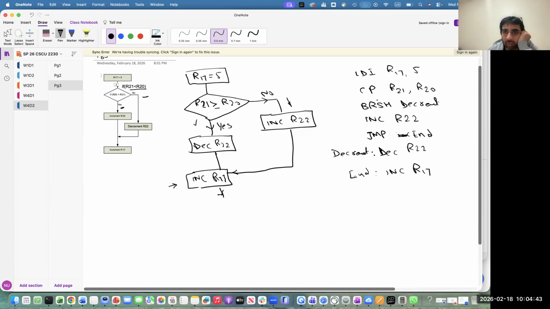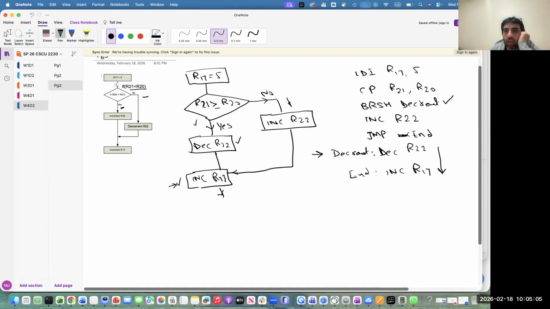Now let me just explain. If R21 is same or higher than R20, what will happen? Control will go to the decrement label, which is this one, right? So R22 will be decremented here, and then the next instruction executed will be the one in sequence, which is increment R17.